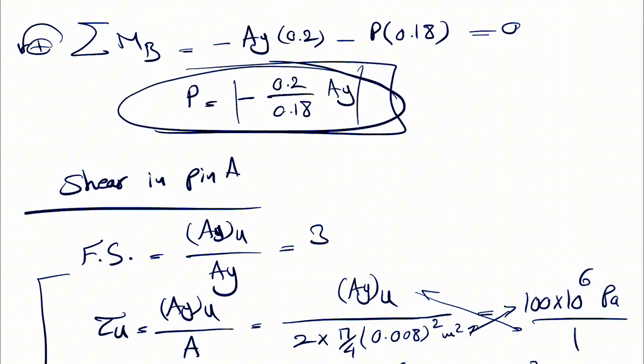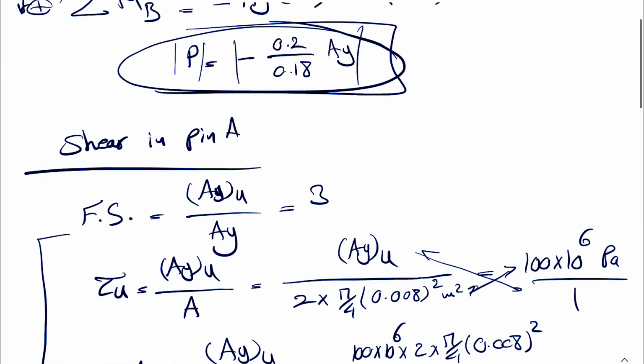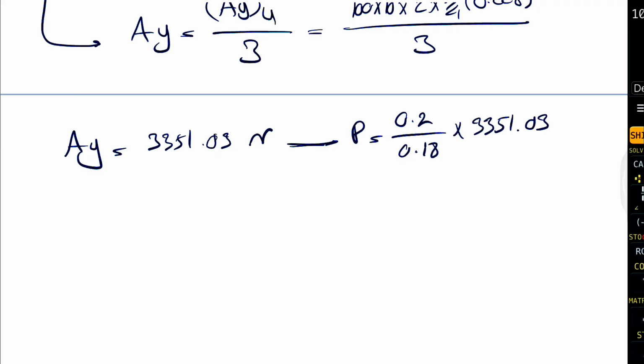And we know that our P is equal to what we found in the previous step for AY. And here we're looking for the absolute value. The negative sign is because we picked the wrong direction, so that's why we have a negative sign. We don't need to consider that negative sign in here. So our P would be 0.2 divided by 0.18 times 3351.03.